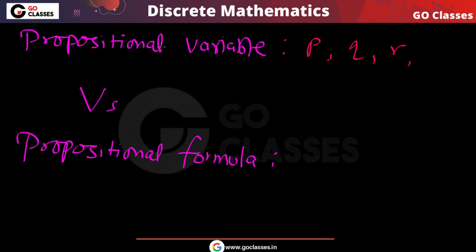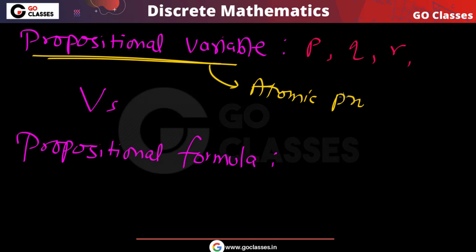So p, q, r do not depend on anyone else. They are either true or false. An atomic proposition by itself is either true or false; it is independent.